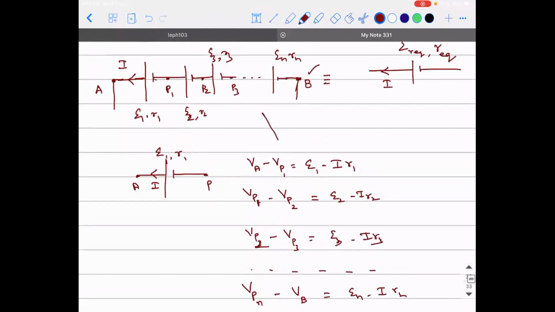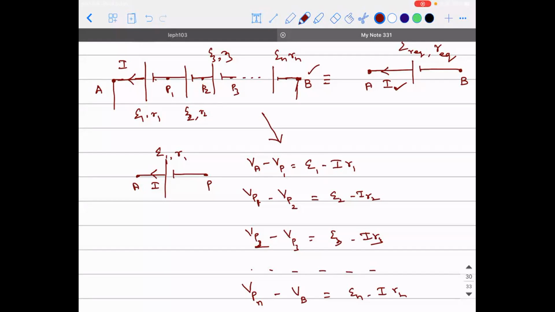This whole thing is for the cells on the left hand side, for the circuit on the left. Now, between the points A and B, I replaced the whole set of cells with one particular cell, which I call the equivalent cell, which supplies the same amount of current as all the cells put together.